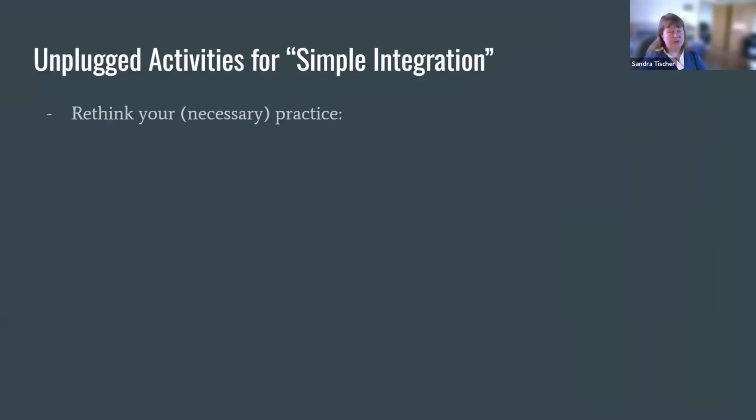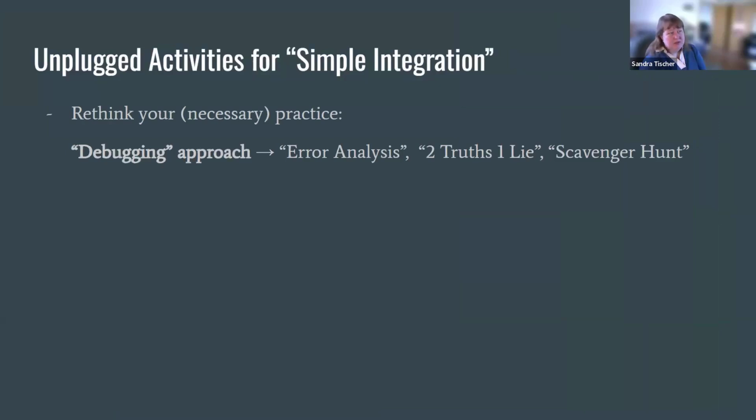So if you want to use those unplugged or those everyone-can-do activities, rethink your practice. So instead of a worksheet, maybe ask ChatGPT to create debugging approaches problems. So that could be an error analysis that can be two truths and one lie.